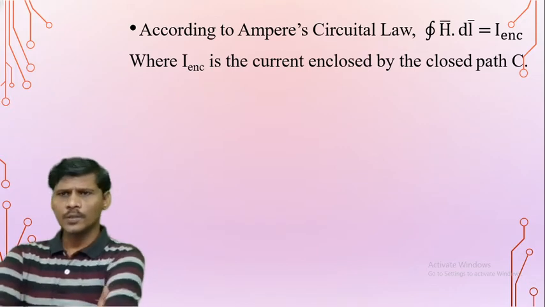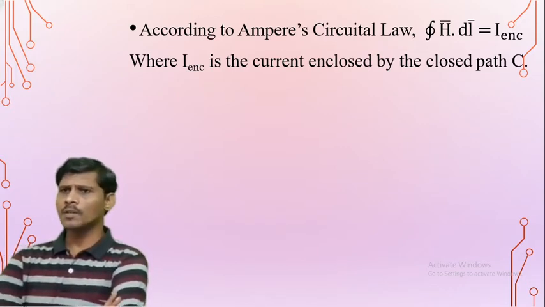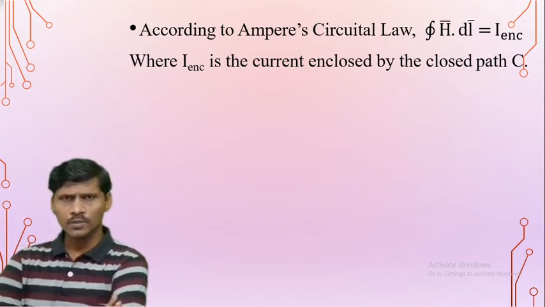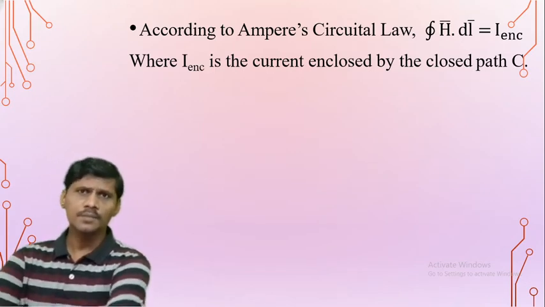According to Ampere circuit law, the closed line integral of H bar dot dl bar is equal to I enclosed, where I enclosed is the current enclosed by the closed path.